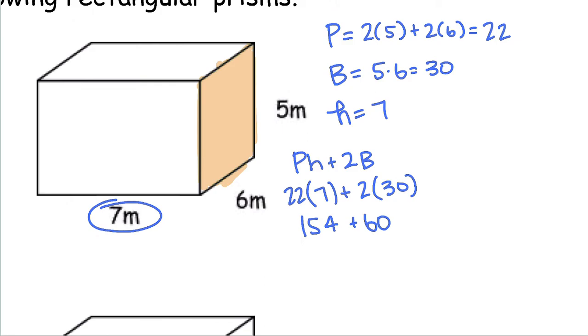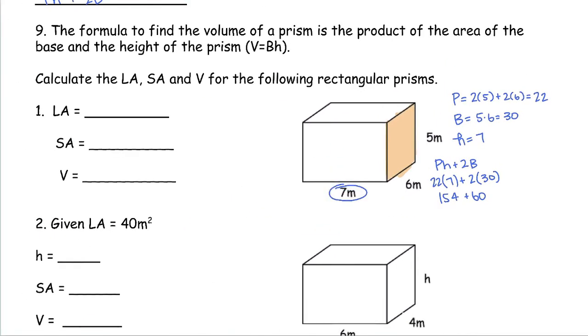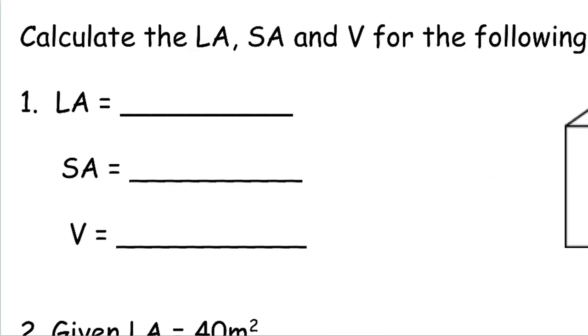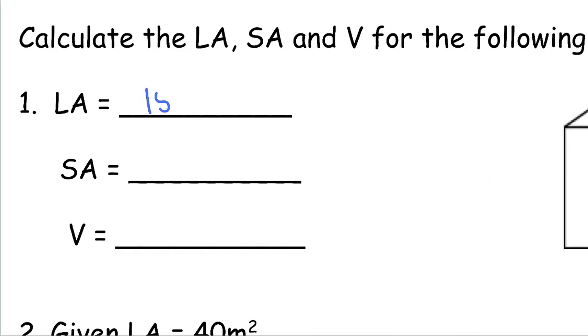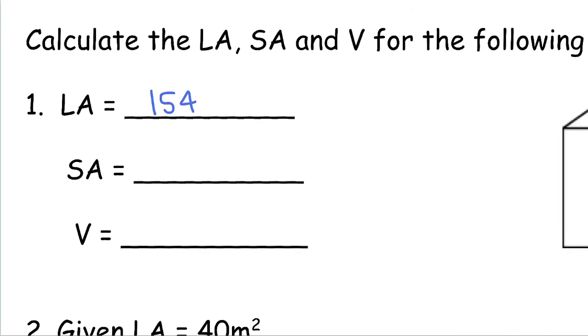I want you to leave it separate like that for a reason. That 154 will be our lateral area. So our lateral area is 154 meters squared. And for our total area, we add 60 to that and get 214 meters squared.